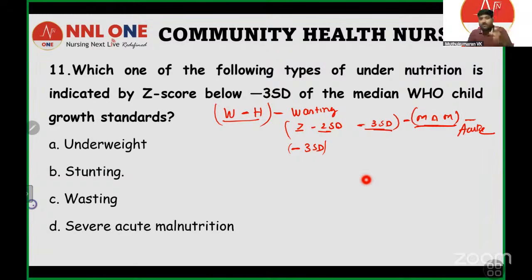While explaining I am confusing, so just clarify that. Now we are talking about weight for height, wasting. Here we are talking about moderate acute malnutrition. Coming on to below minus 3 SD, here it is severe acute malnutrition.